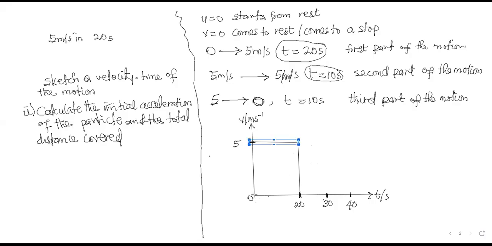So the body starts from rest, accelerates uniformly to a velocity of 5 meters per second within a time of 20 seconds. This is the uniformly accelerated motion of the body. Class, is this part understood? Yes, sir.